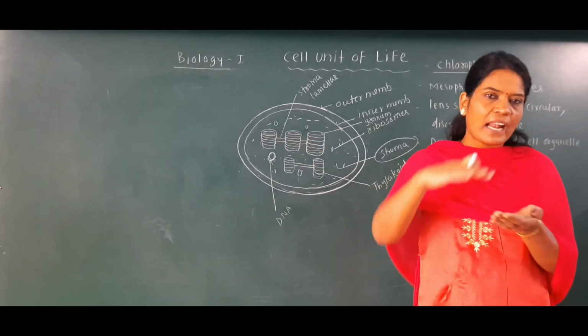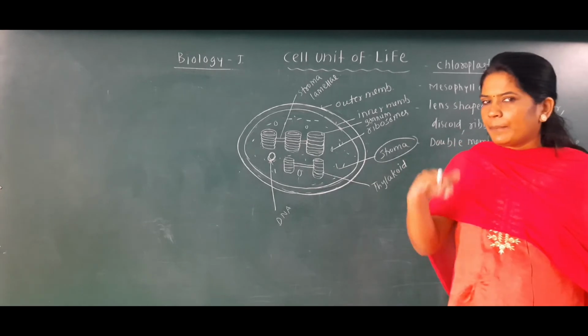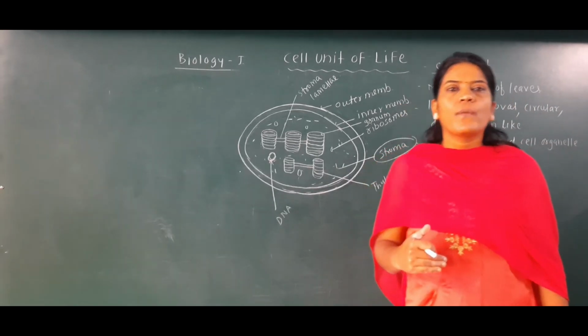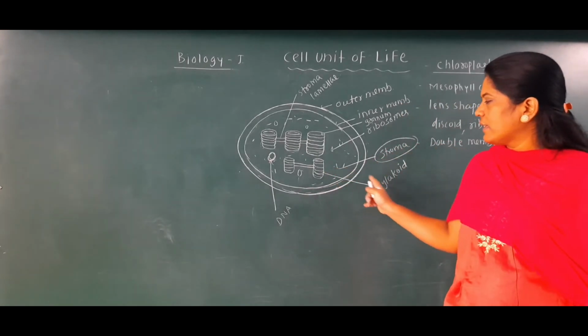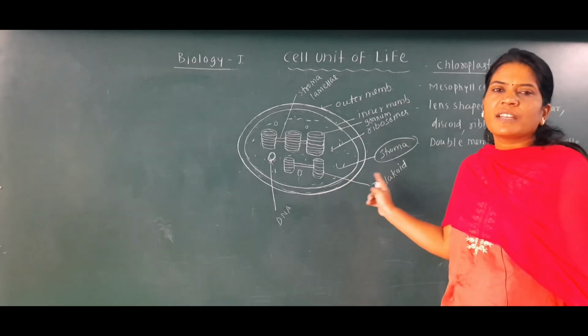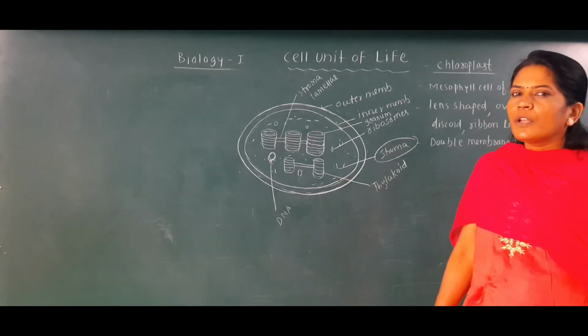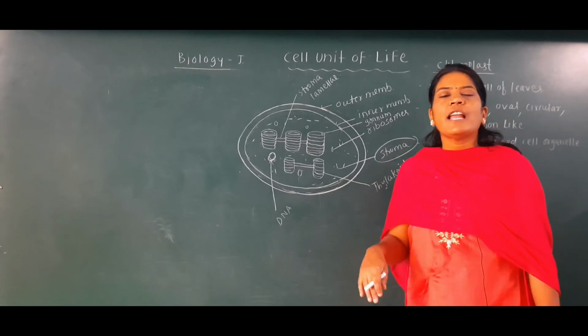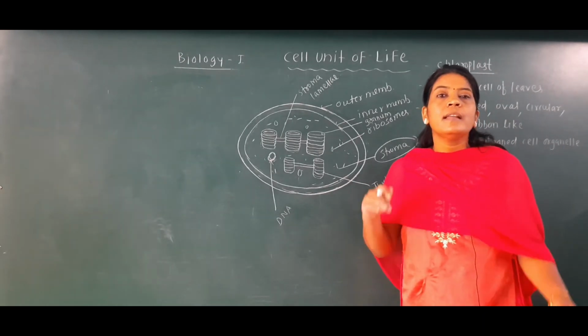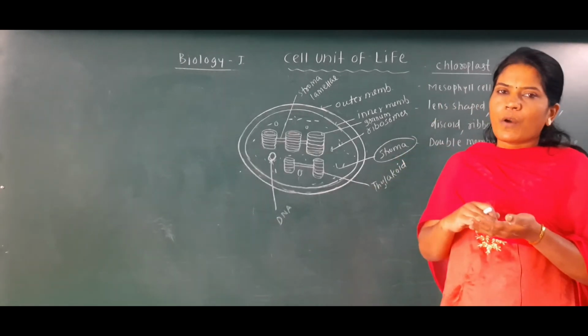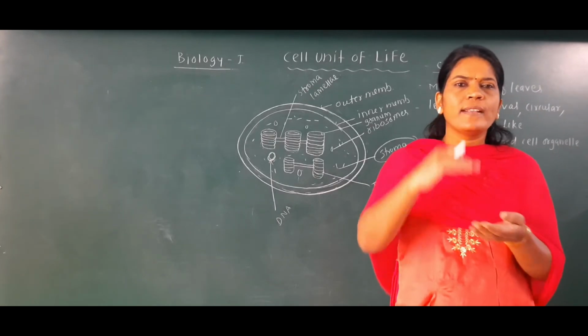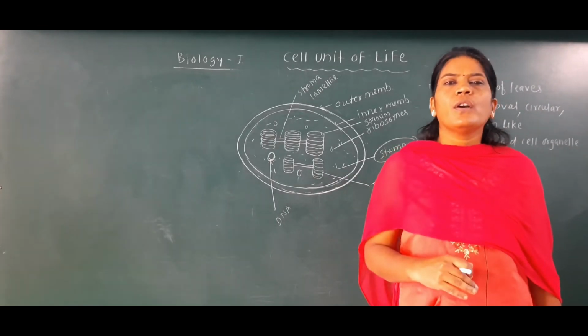Flattened means it has a flattened structure. That structure is given the name thylakoid. Now you can observe how these thylakoids are present in the chloroplast. They are present in the form of coins which are placed one above the other.